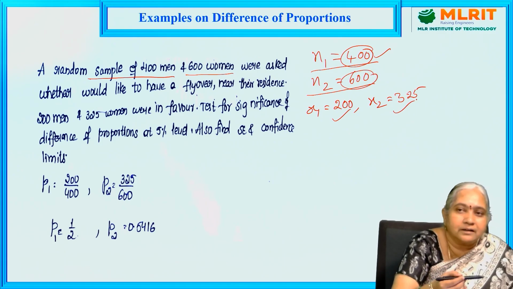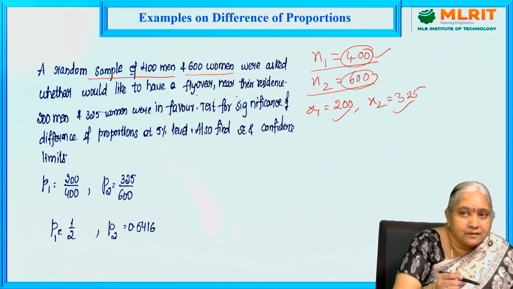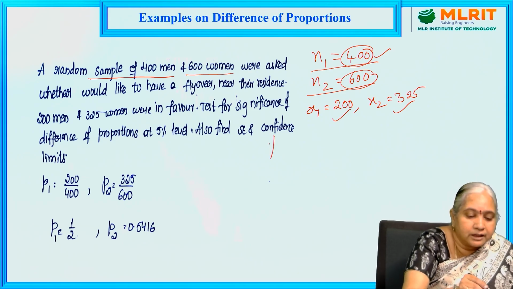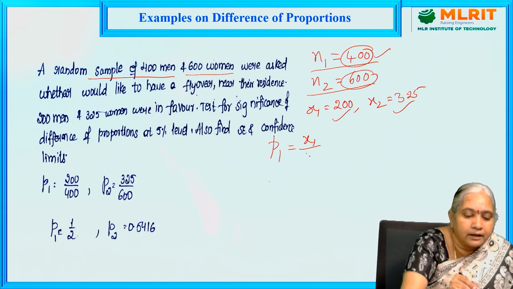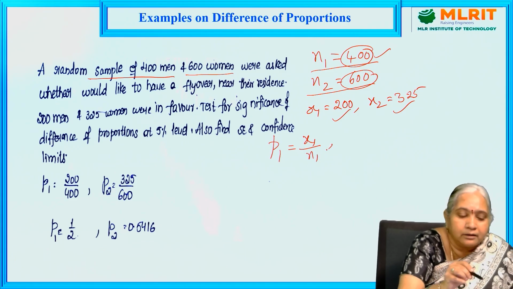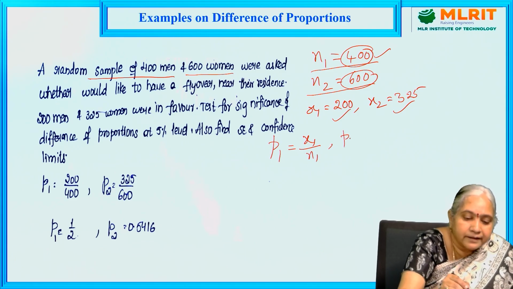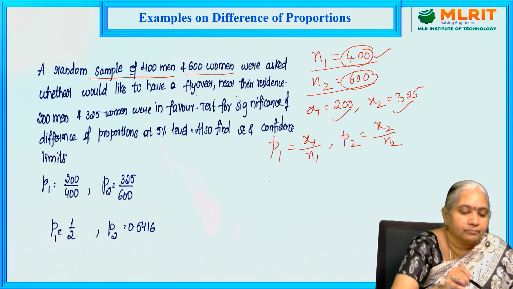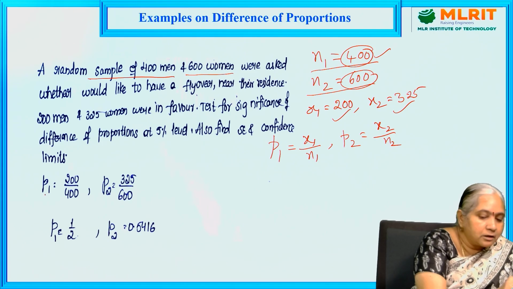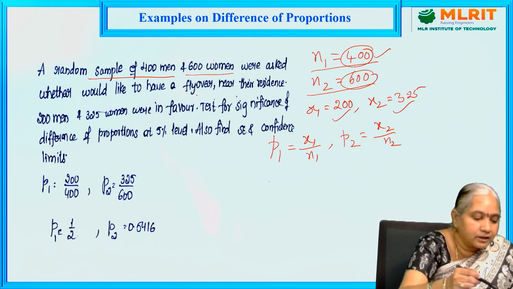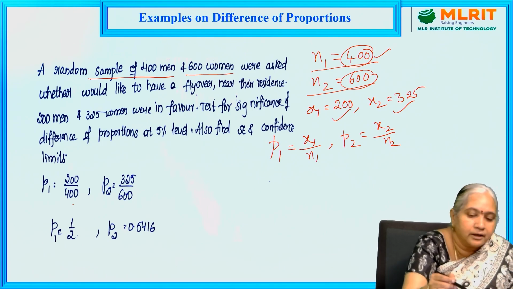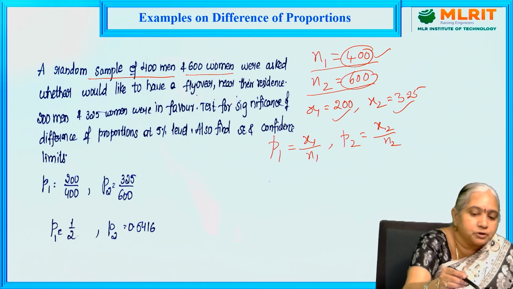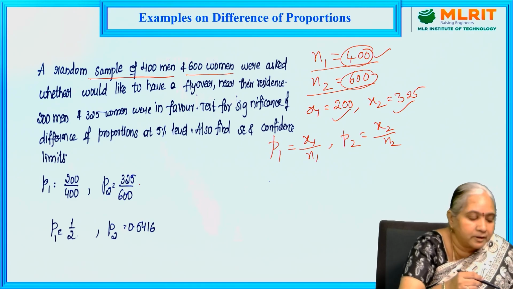What is the first sample proportion? That is small p1 equal to x1 by n1, and the second sample proportion p2 equal to x2 by n2. So p1 is 200 by 400 and p2 is 325 by 600.